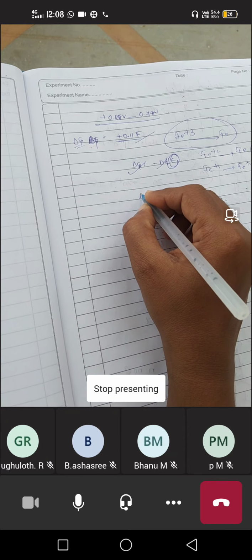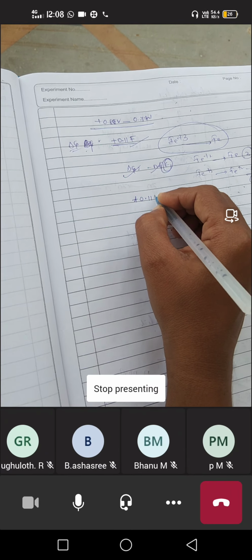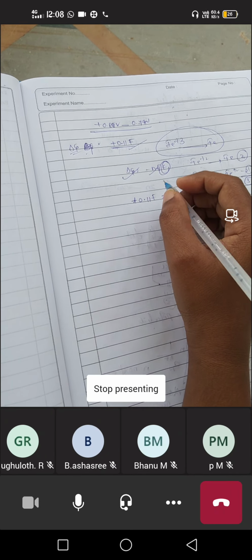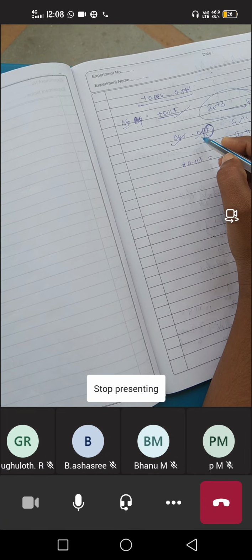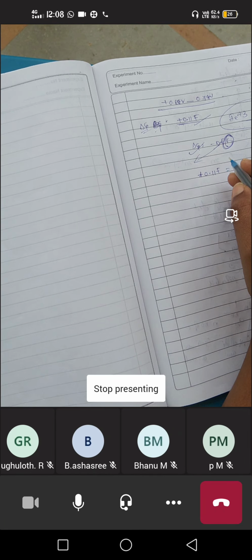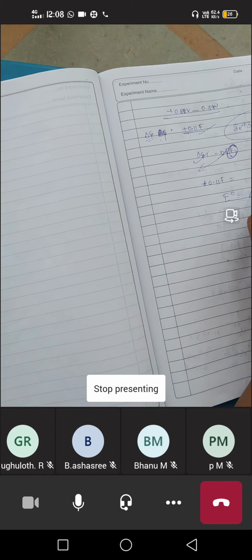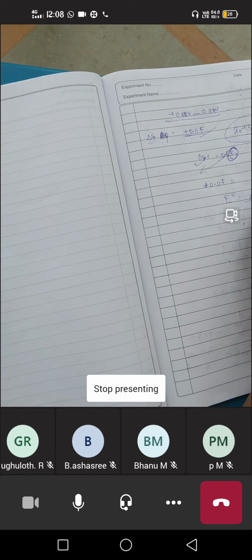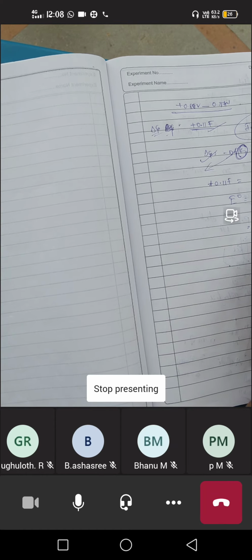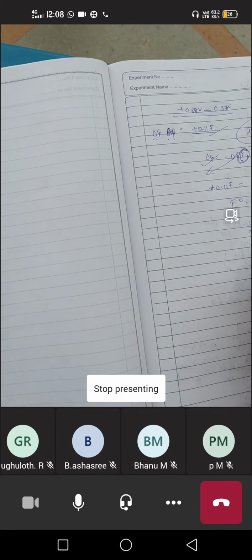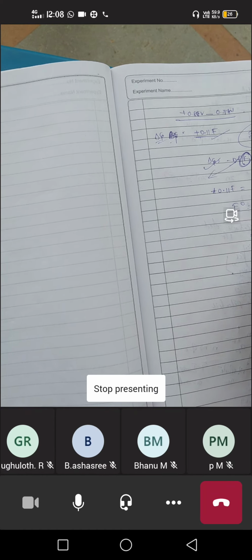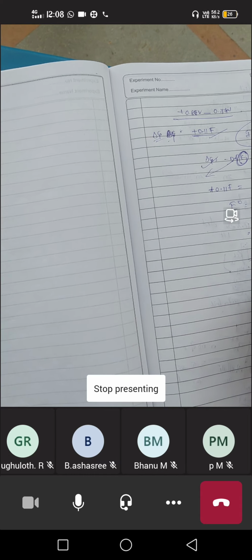So delta G is plus 0.11 F. If you want E, then bring nF across, and E is equal to delta G by nF. We know delta G, that is plus 0.11 F, and n means 3 electrons are involved here. F and F get cancelled, so we have 0.11 by 3.